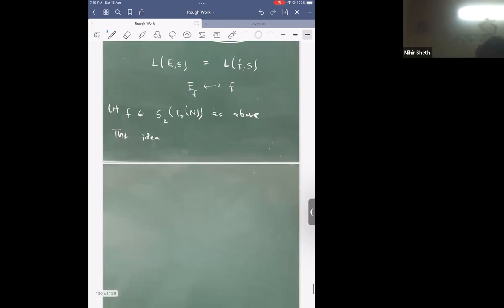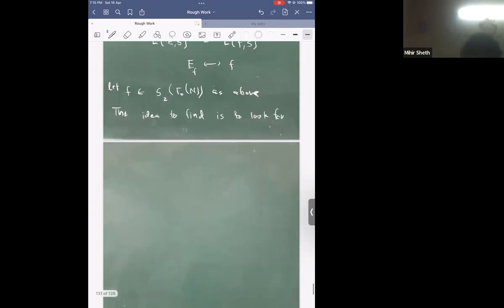The idea to find E_F is to look for quotients of the Jacobian of the modular curve attached to gamma 0 n.